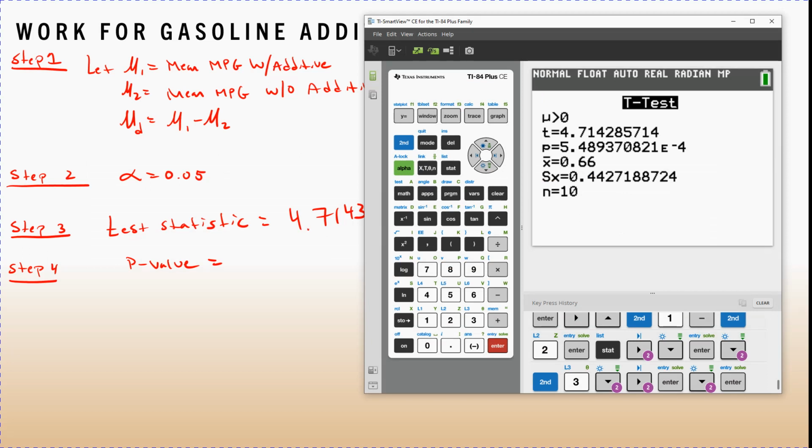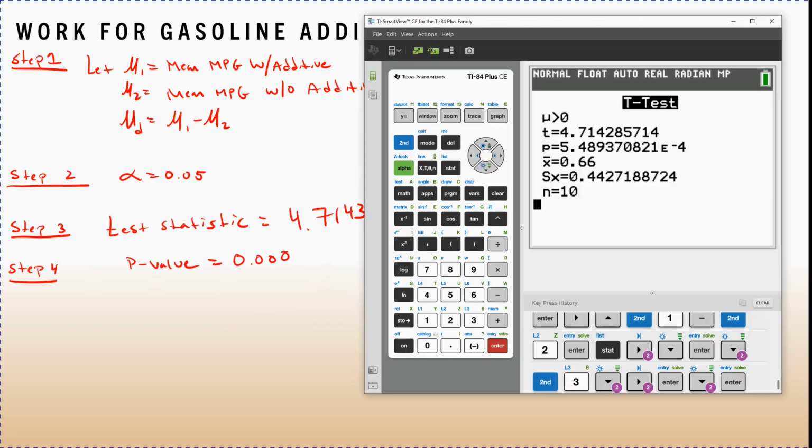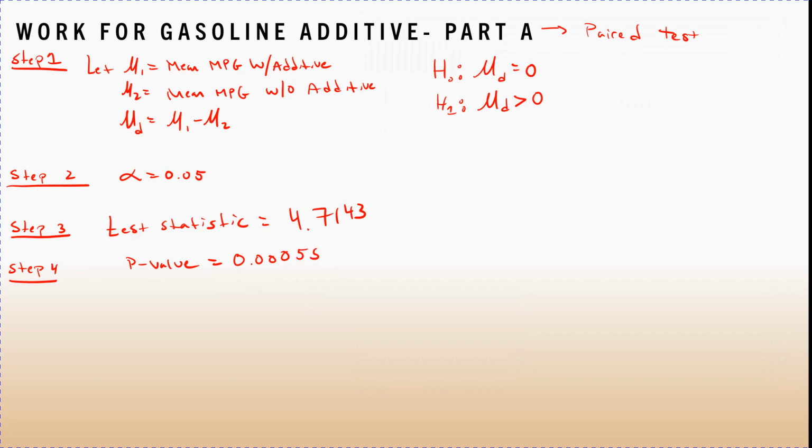So my p-value is actually 0.00055 when I round it. So it's a very low p-value. It is picking up a significant statistical probability that there is a difference. It's very statistically significant.